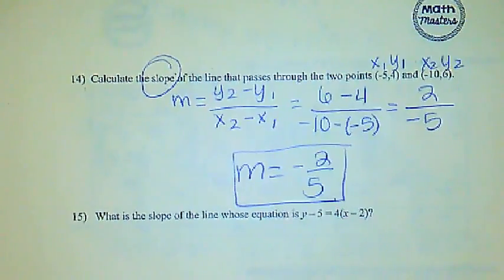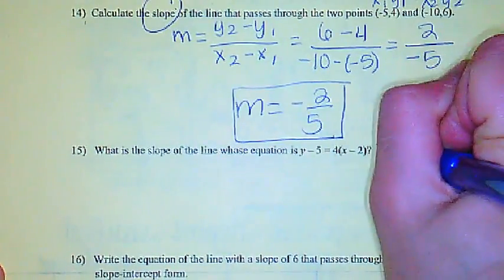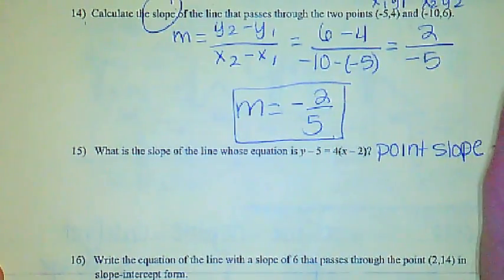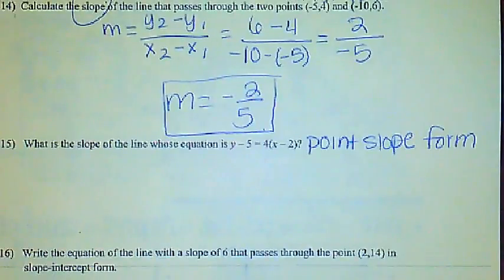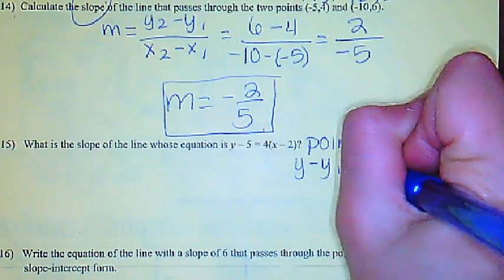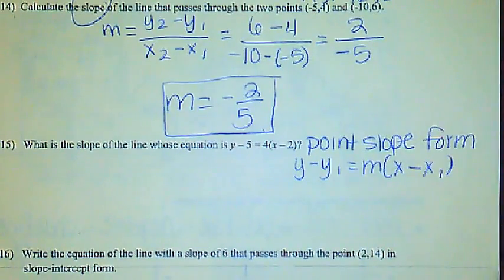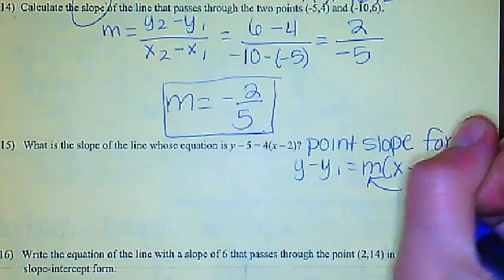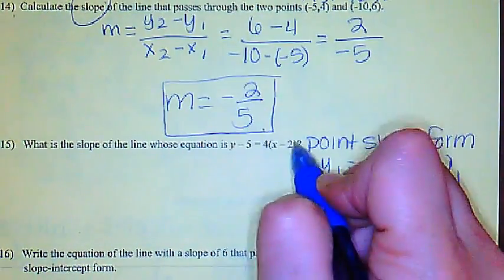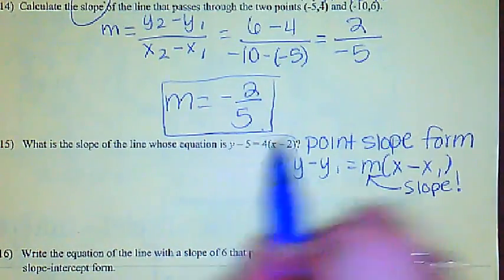Okay? All right, for the next one, remember this is point-slope form. Okay, and point-slope form is y minus y1 equal to m, and then x minus x1, where this is the slope. Right? So if we look at this equation, 4 would be our slope.